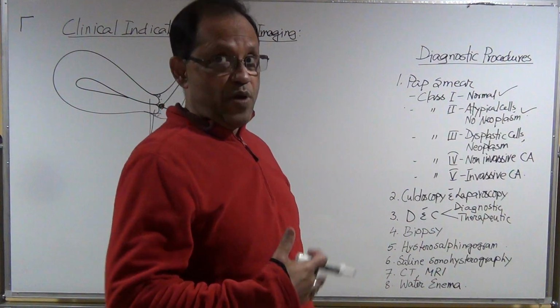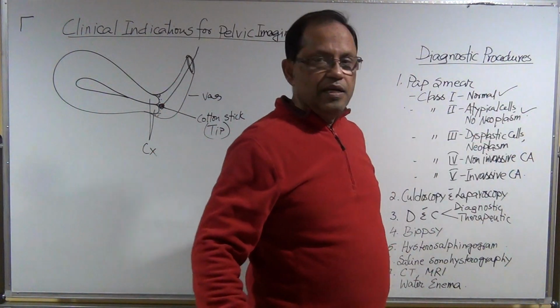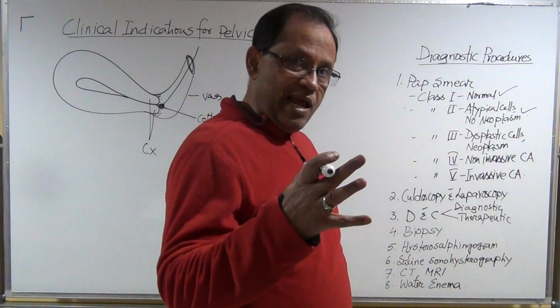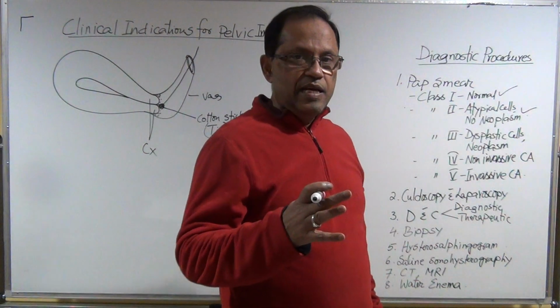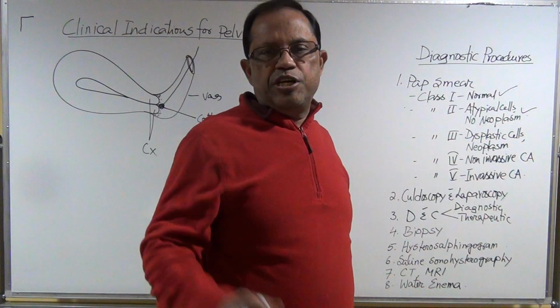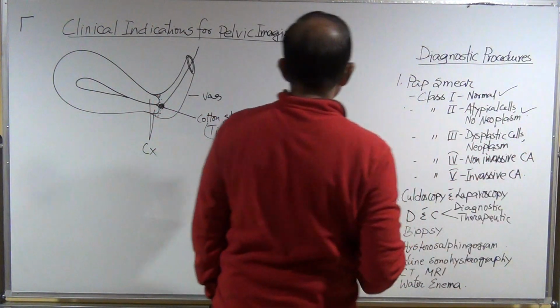Dys means away from normal. Plasia means growth. Away from normal, really not only atypical, it is also undifferentiated. Okay, and there is a neoplasm.